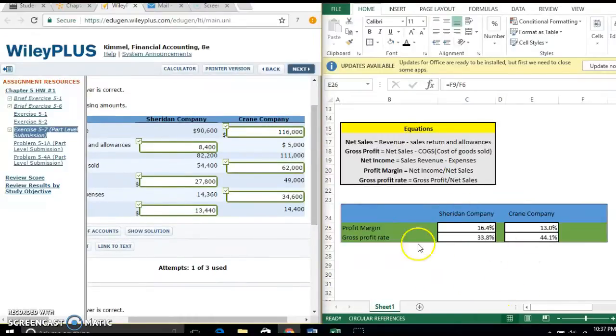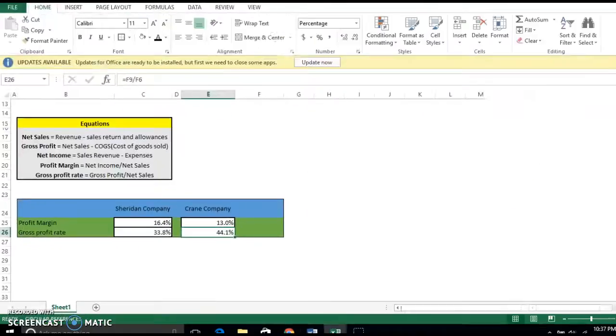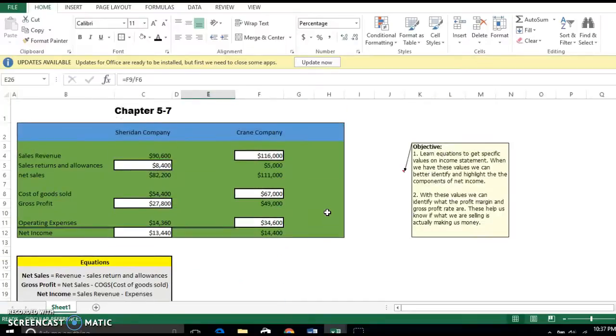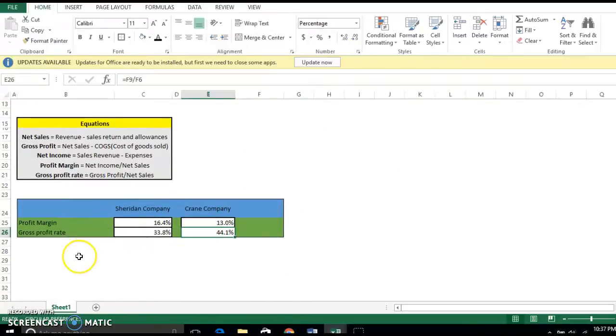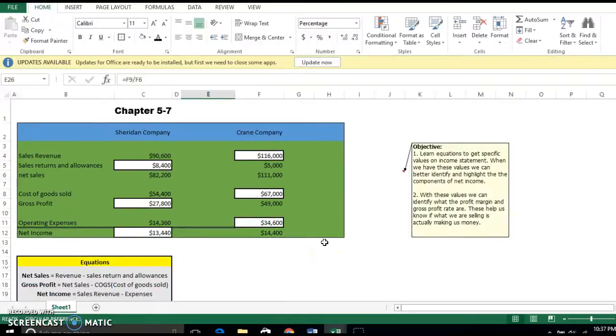What's really beneficial about knowing the profit margin and gross profit rate is this: the profit margin helps us identify how much money we are actually making after all of our expenses. And our gross profit rate is how much money we are actually taking from our sales.